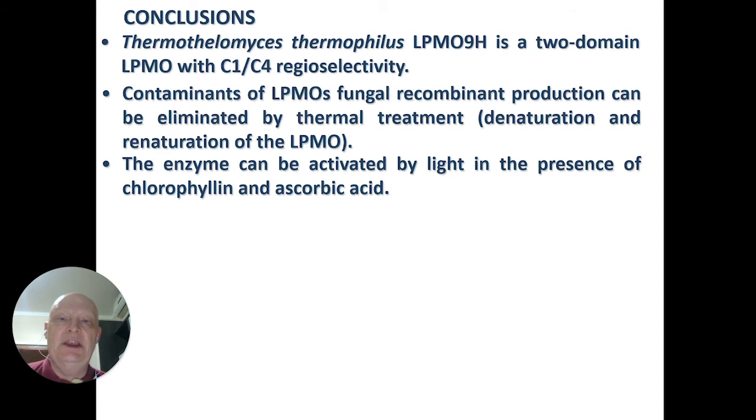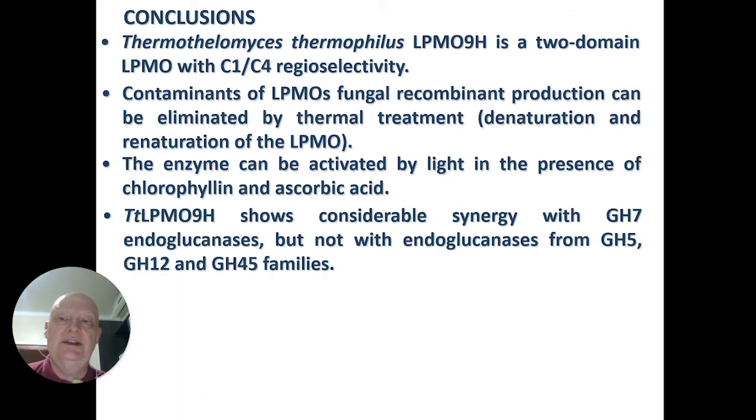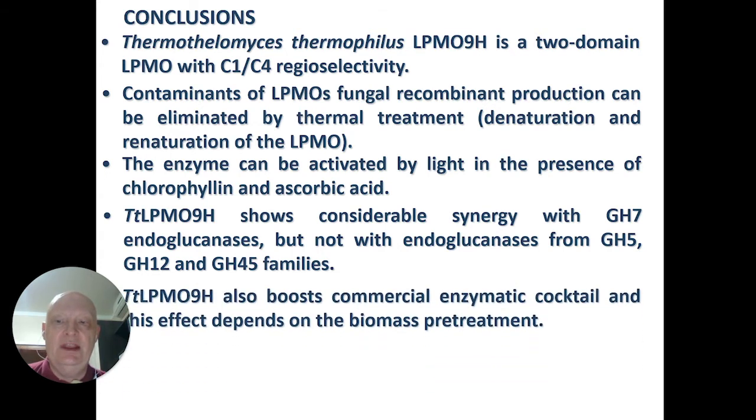The enzyme can be activated by light in the presence of chlorophyllin and ascorbic acid. TtLPMO9H shows considerable synergy with GH7 endoglucanases, but not with endoglucanases from GH5 and GH45 families. These LPMOs also can boost commercial enzymatic cocktails. This effect depends on the environment treatment.